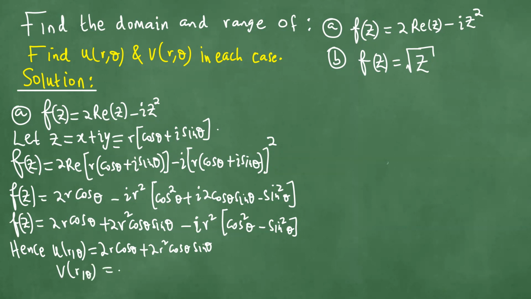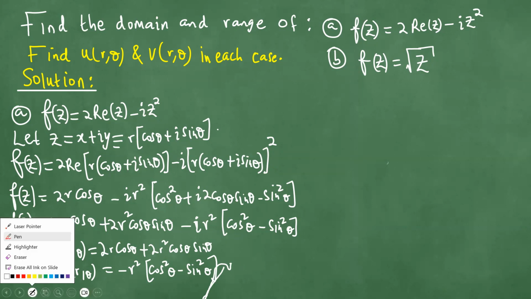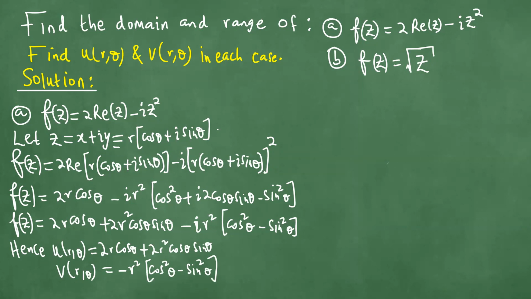And v is minus r squared into cosine squared theta minus sine squared theta. This is what we obtain here. We'll proceed.